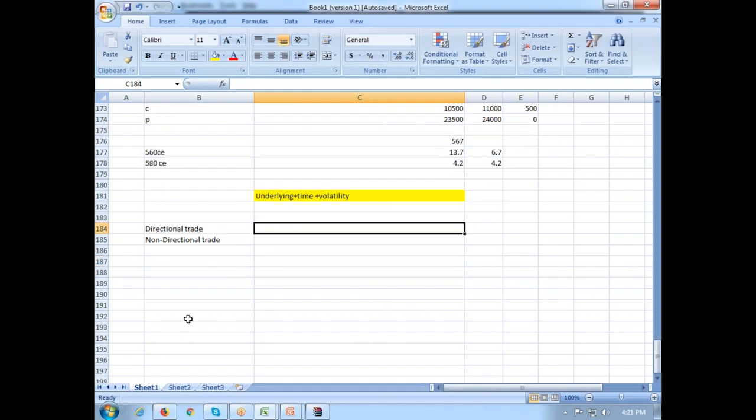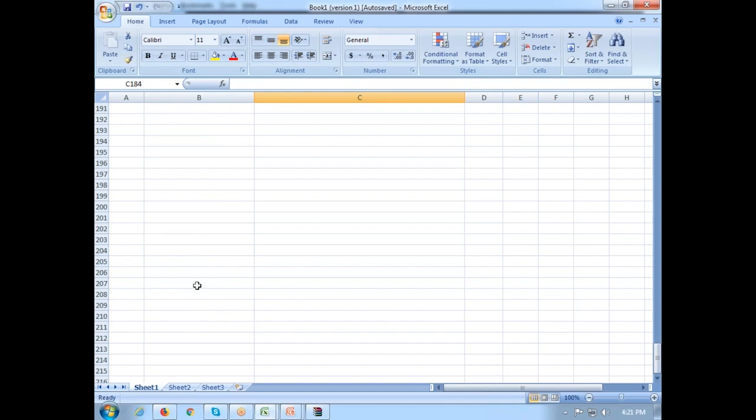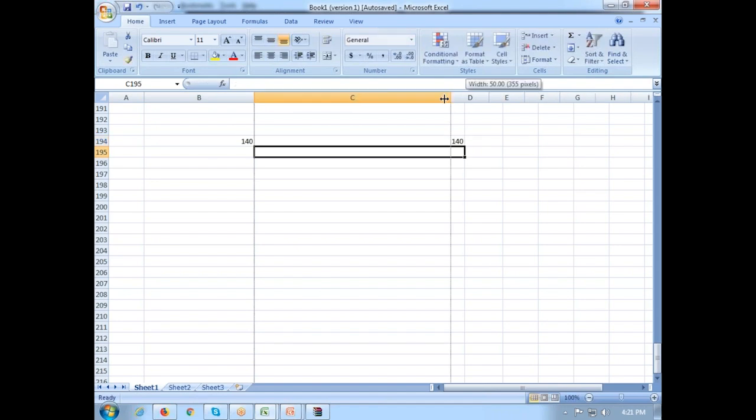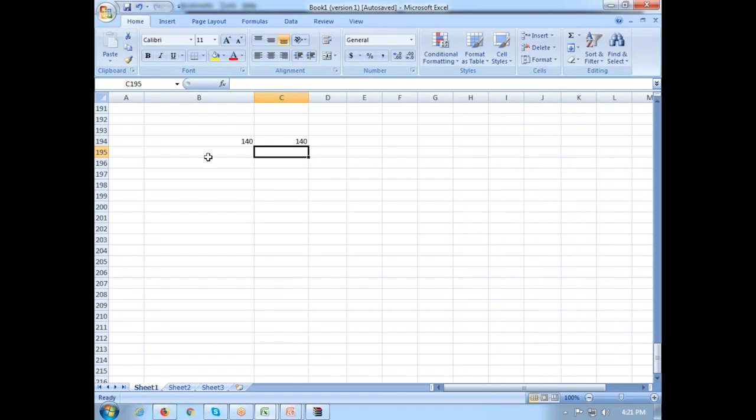To further give you an example, there are two stocks. Both the stocks are trading at 140. I'll give you the names later on, but both are trading at 140.